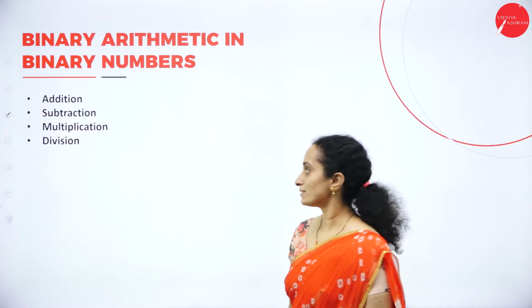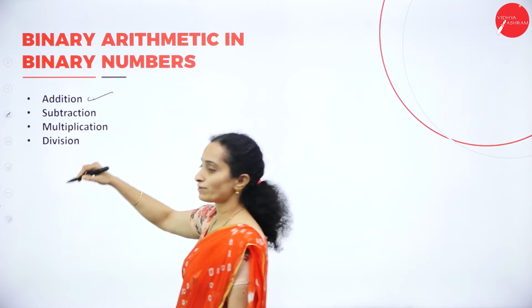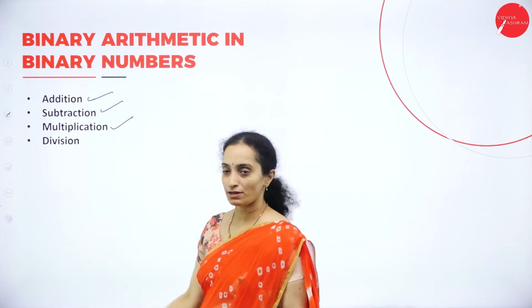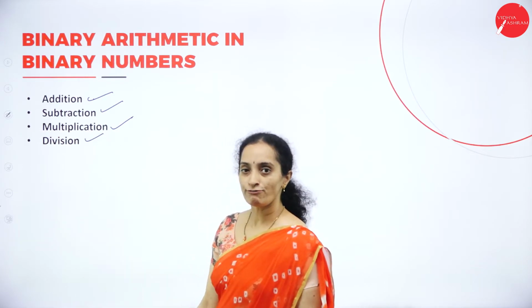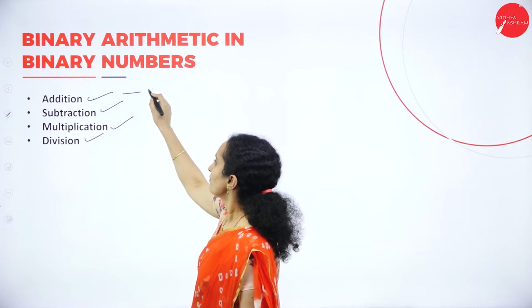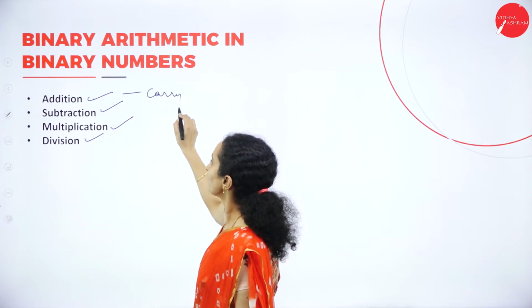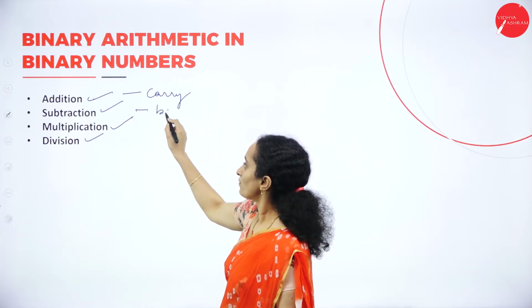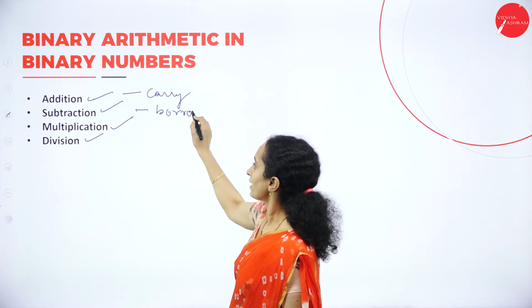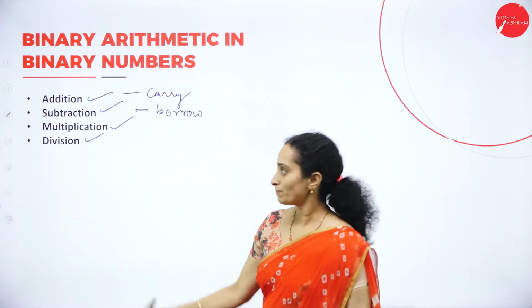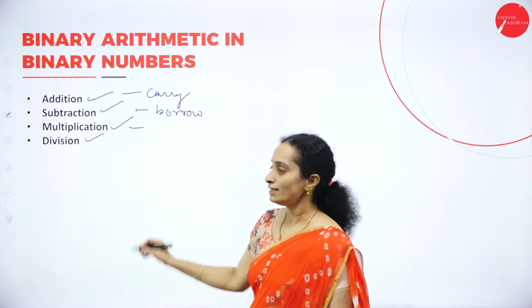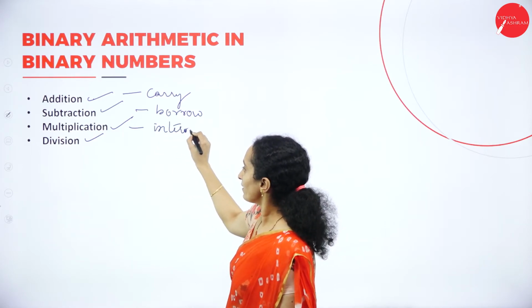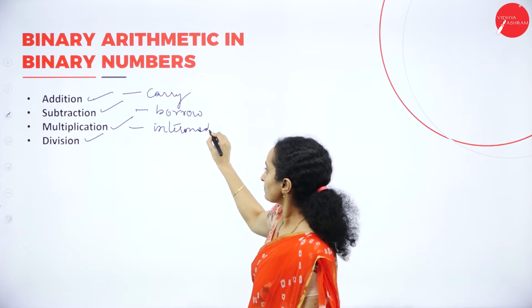binary numbers. Okay, so you can have addition, subtraction, multiplication and division of numbers. In addition, you have to take care of the carry. In subtraction, you have to take care of the borrow. In multiplication, there will be intermediate products like in our decimal system.